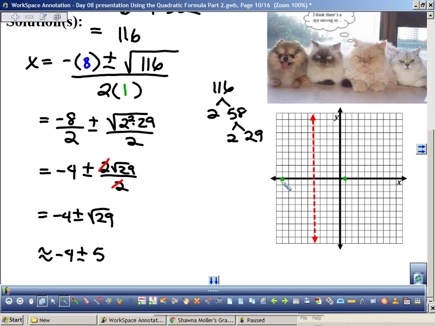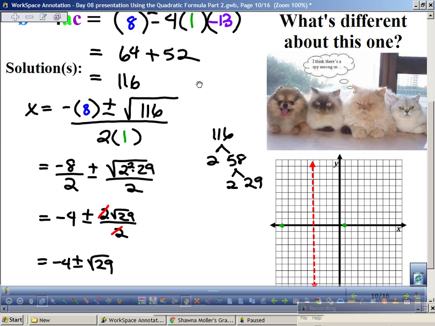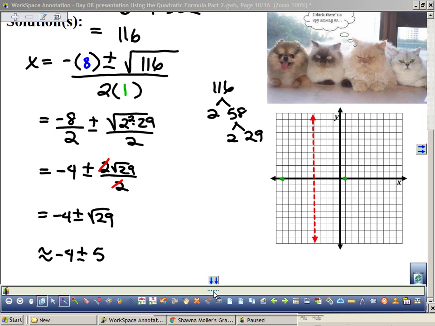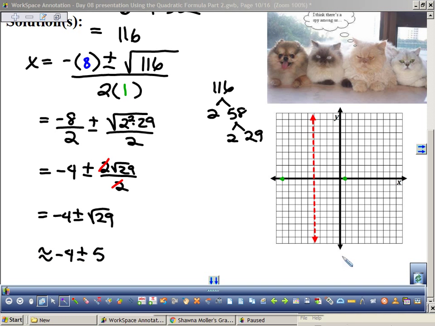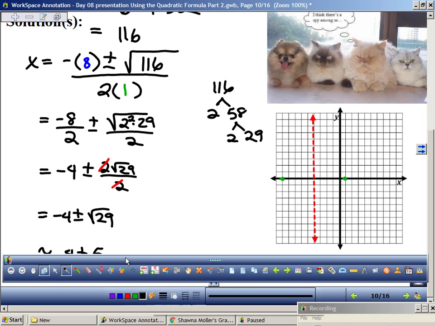And what would my y-intercept be? Negative 13. Does that make sense? For it to be down here, negative 13? This is how I would draw this, guys, because you're going to have to draw stuff like this soon.